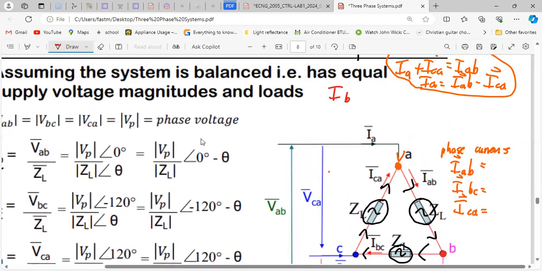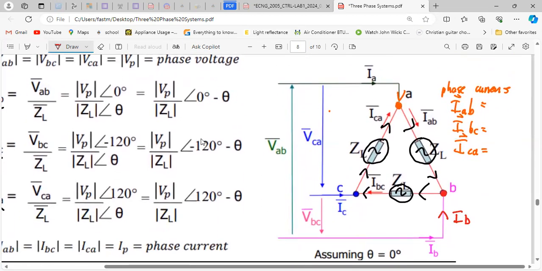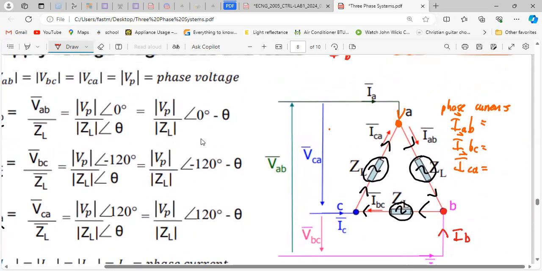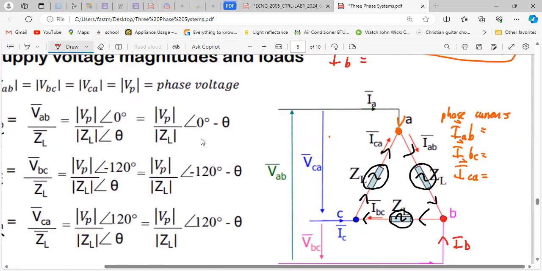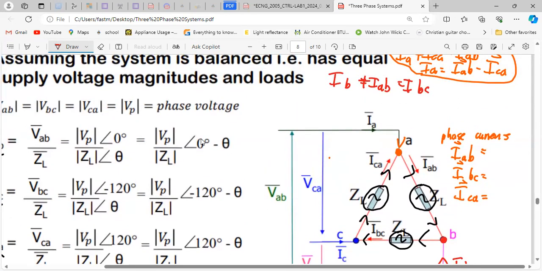So the sum of the currents going in is equal to the sum of the currents leaving. So IB plus your IAB, because IAB is going in also, is equal to the sum of the current leaving, which is IBC. I'm making IB the subject of the formula. You have IB is equal to IBC minus IAB.